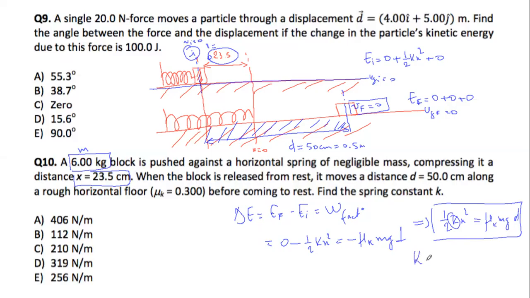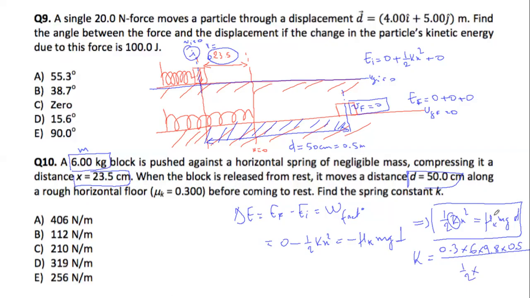So you can write k is mu k, 0.3, times m, what is m? 6, times g, 9.8, times d, what is d here? I said it, 50 centimeters, you put it in meters, so 0.5 meters. Divided by half x squared.